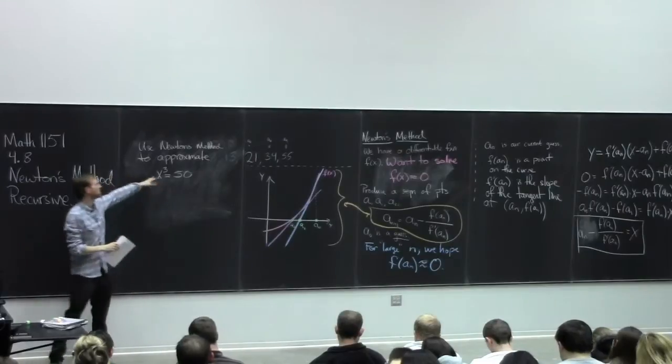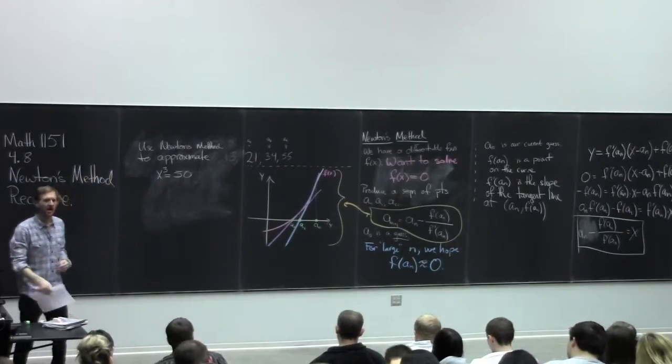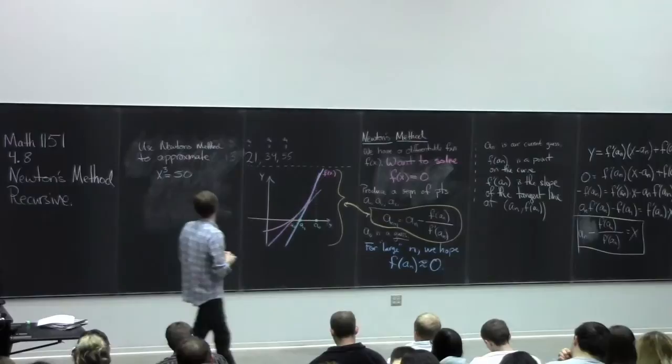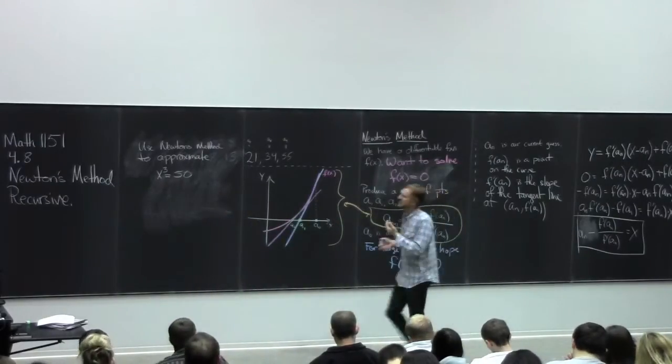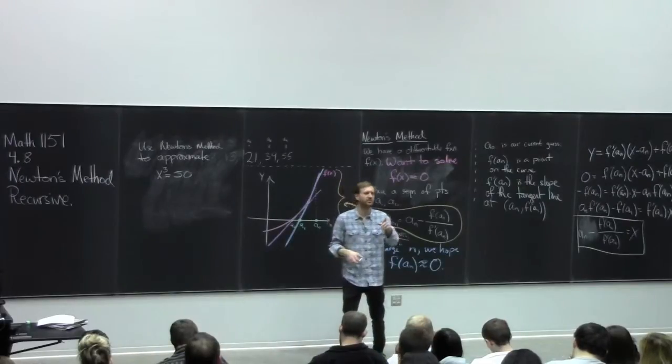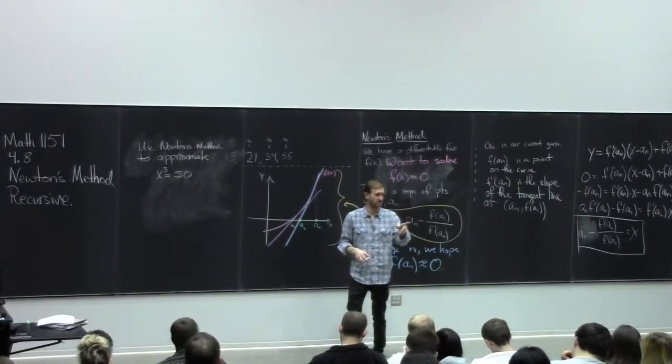Now look, when I say x cubed equals 50, oh, this is perfect. X cubed equals 50. This is the same thing as approximating the cube root of 50, right?